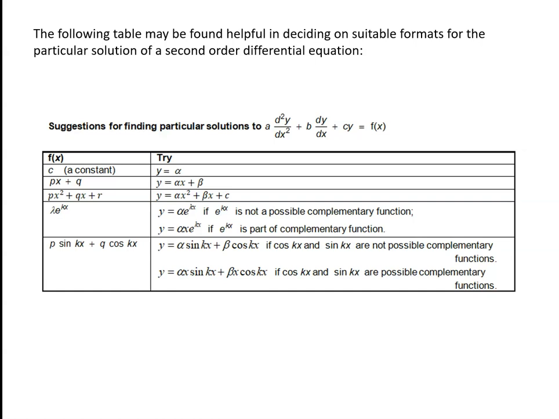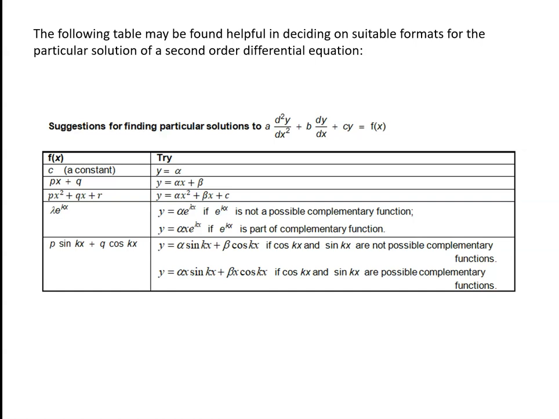If f of x is lambda e to the kx, then try alpha e to the kx if e to the kx is not a complementary solution. If it is, try alpha x e to the kx if e to the kx is a possible complementary solution.